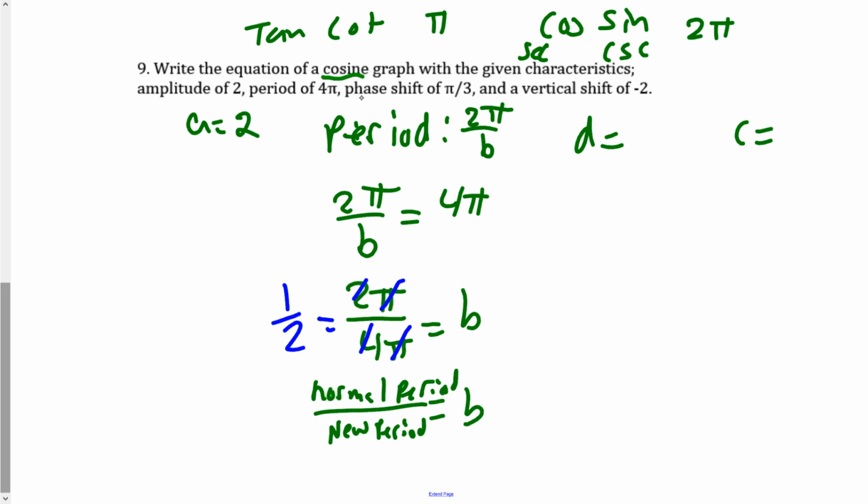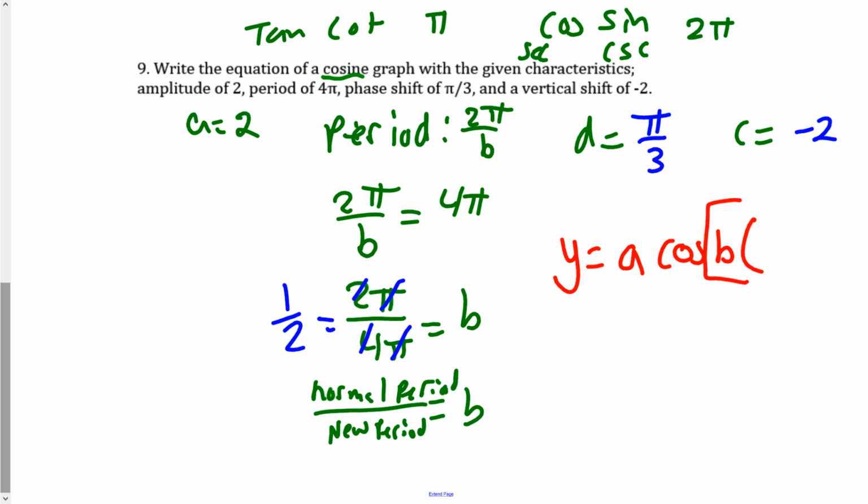So now, our d is basically our phase shift, which is pi thirds. But remember, when we write in the equation, it's always going to be, I'll show you. And then our c is -2. All right, so our equation for cosine, or most any of them, y equals, okay, you have your a, then your trig function, cosine, then you have your b, then you have parentheses.